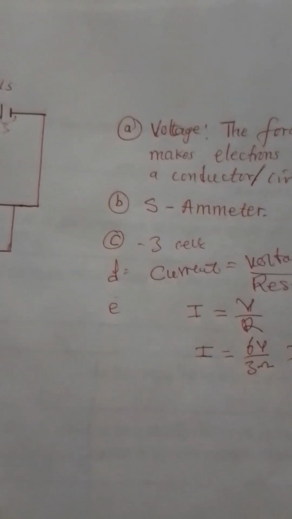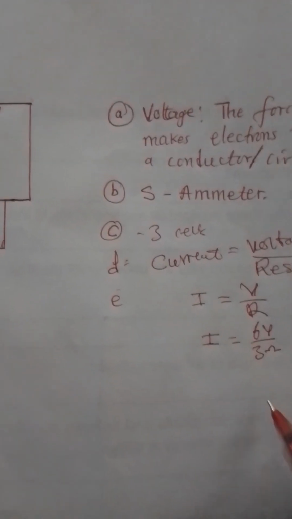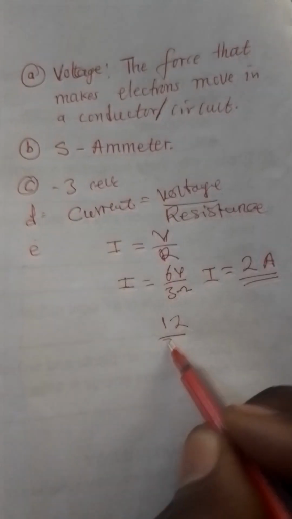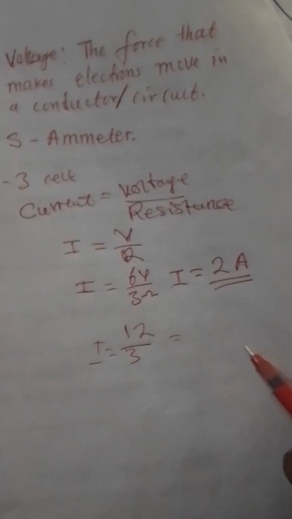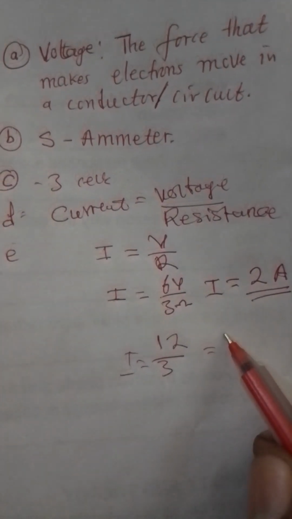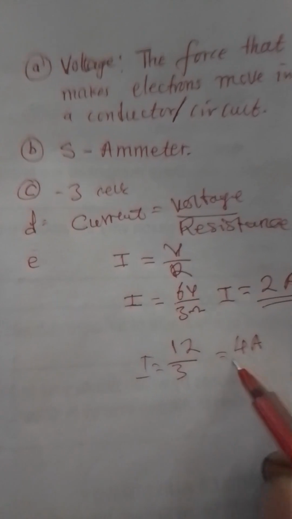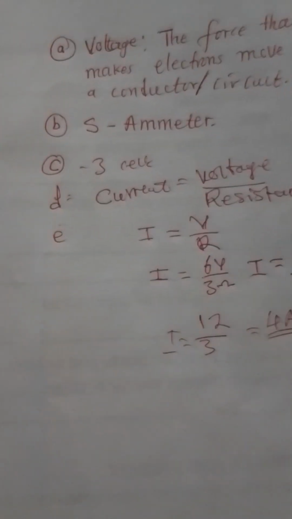For example, if we double the voltage here, we say voltage becomes 12, resistance remains the same. The current reading, you see that it will go up to 4 amps. So you double the voltage, you double the current.